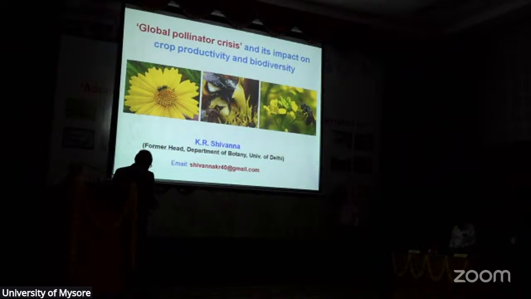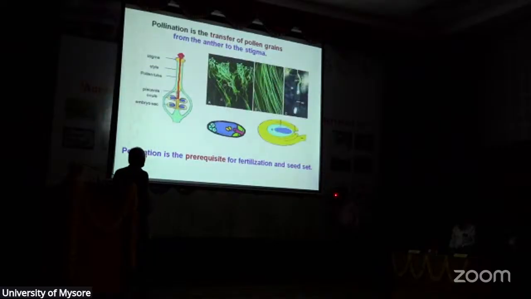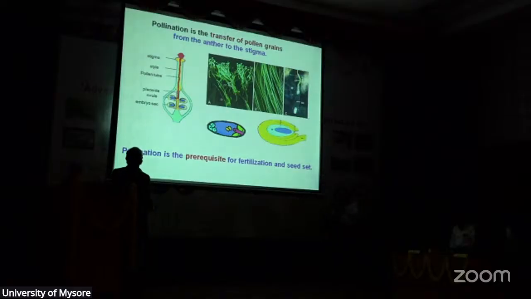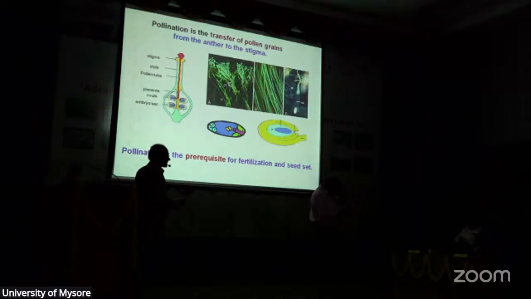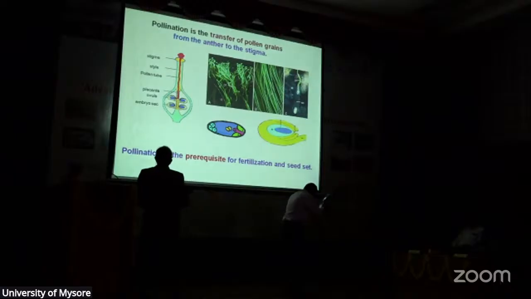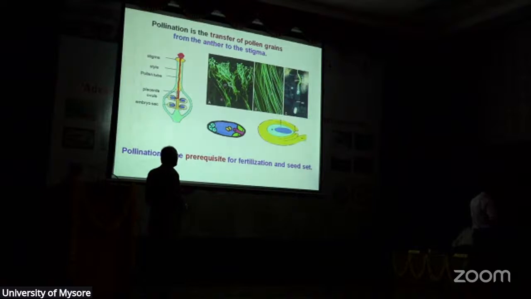Now, as you know, pollination, a very simple definition, is the transfer of pollen grains from the anther to the stigma. Once the pollen grains land on the stigma, they germinate and the pollen tubes grow through the tissues of the stigma and style and eventually enter the embryo sac and complete double fertilization.